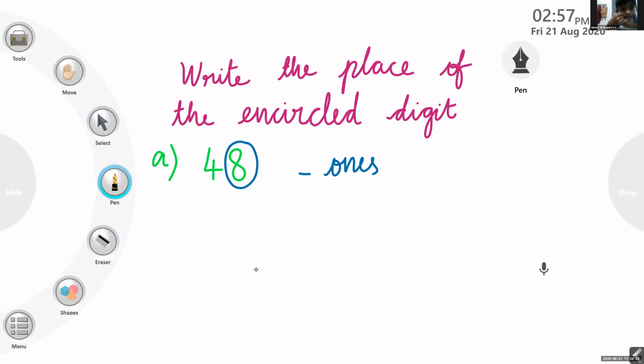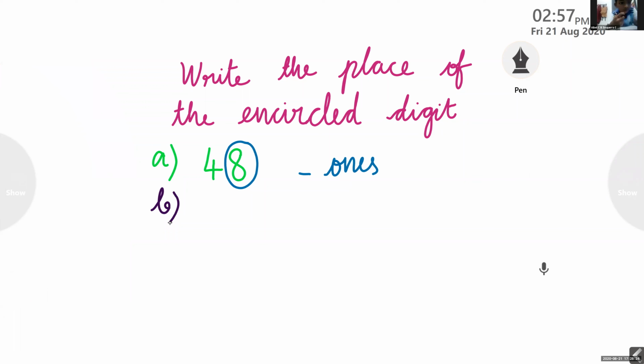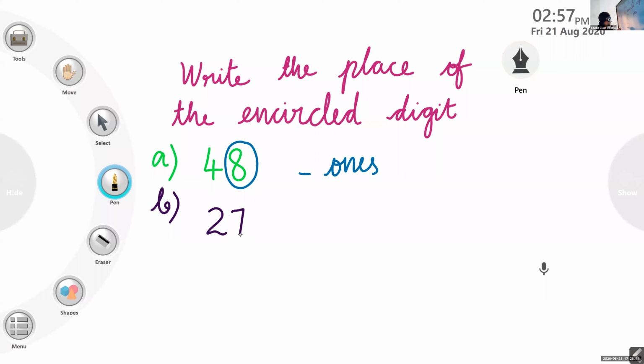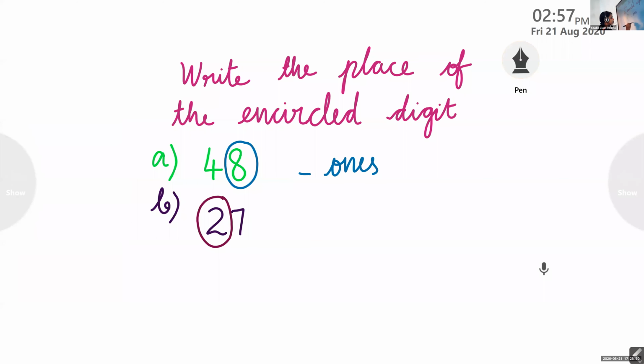So we will move to the next one. And we have B. The number is 27. And the digit which is inside the circle is 2.